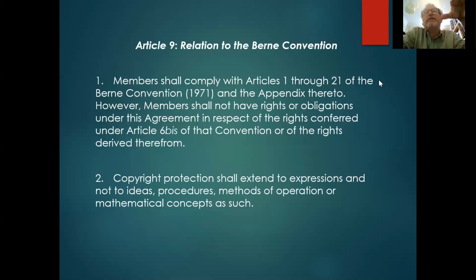It was seen it would make contracts, licensing much more complicated. So the United States did not want moral rights to be there. So it insisted that Article 6 bis of the Berne Convention be not required, that part of Berne.